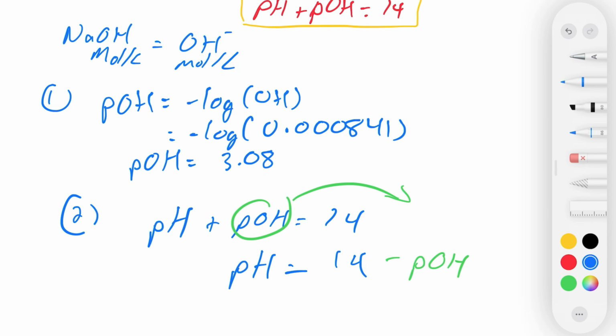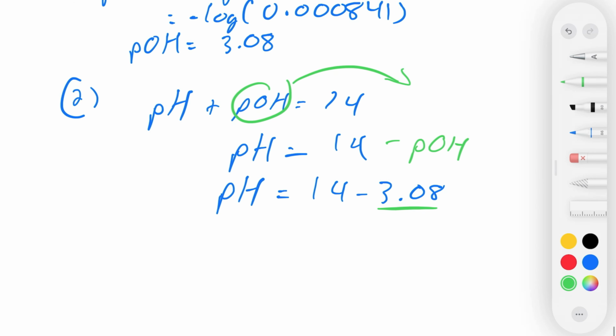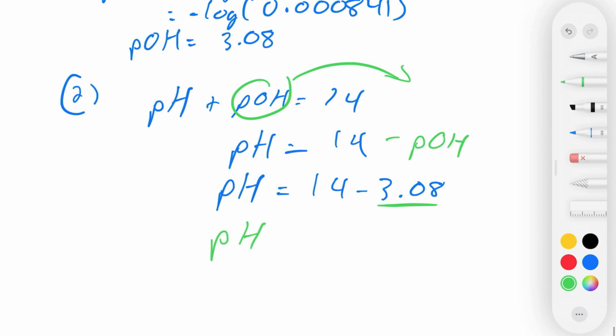And then when we plug it all in, we can easily get the pH of our basic solution. And that would be 14 minus 3.08. And that gives us a total pH of about 10.92.